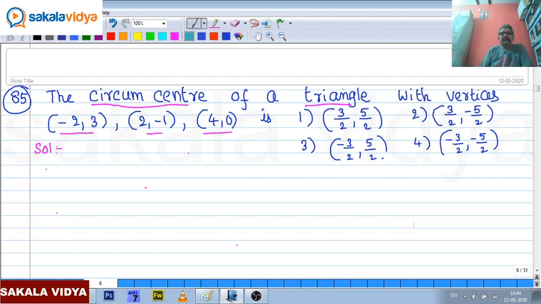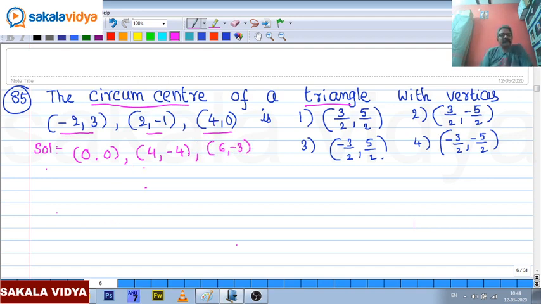So now subtract minus 2 comma 3. This will be 0 comma 0. This will be 4. This will be minus 1, minus 3, minus 4. 4 plus 2, 6. 6 comma minus 3. Correct?